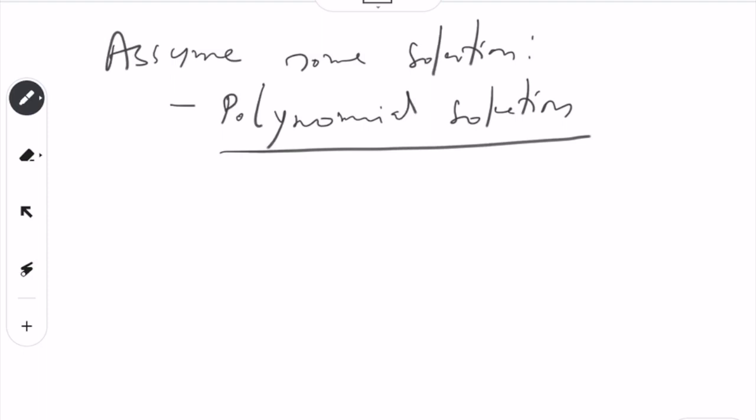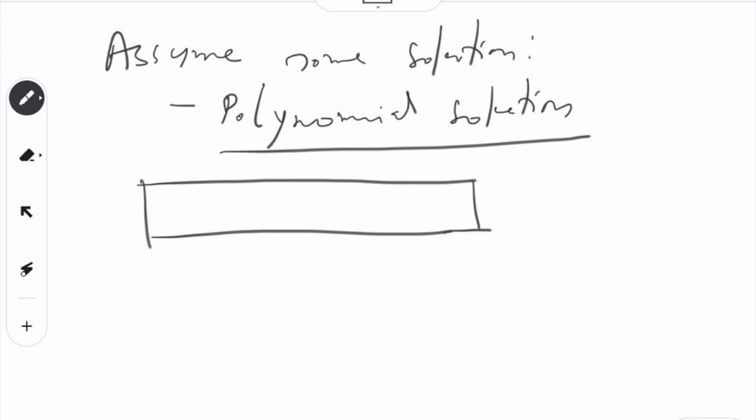You can also choose a piecewise polynomial, meaning that if you have a bar like this one, you will assume one polynomial from here to here.